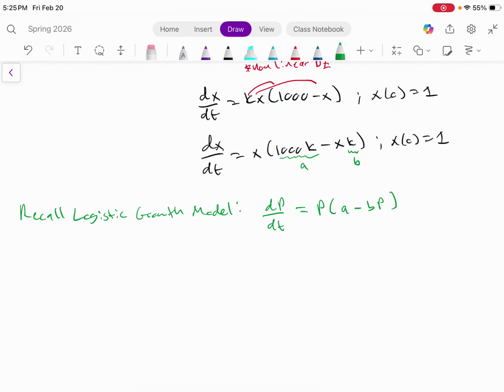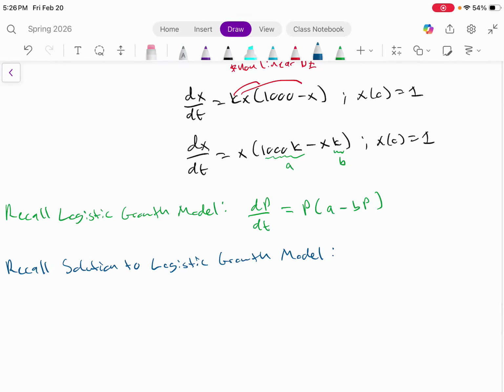And recall the solution to a logistic growth model looks like this.